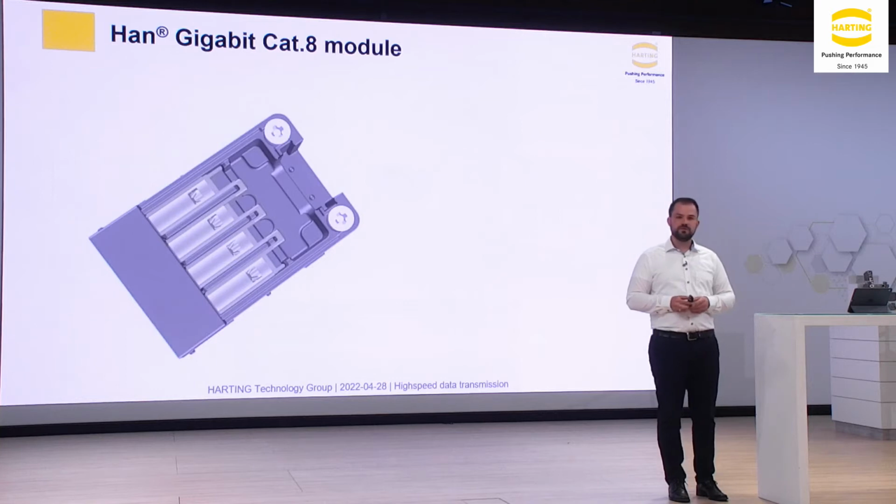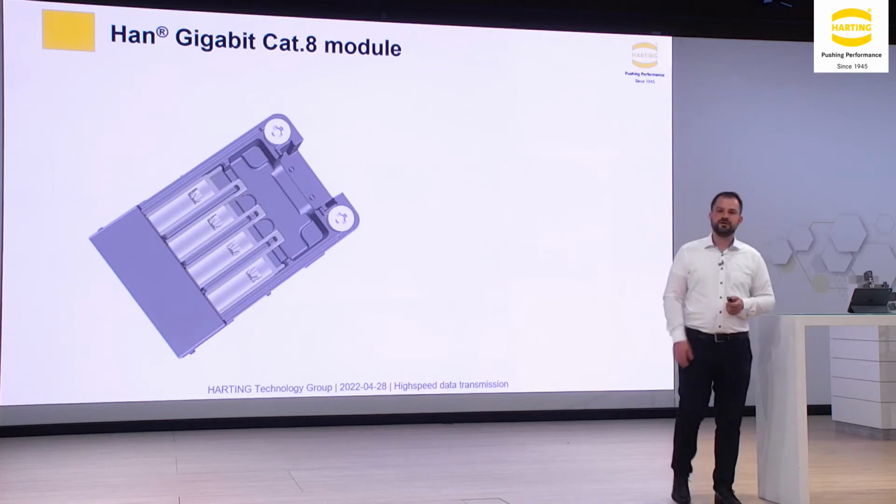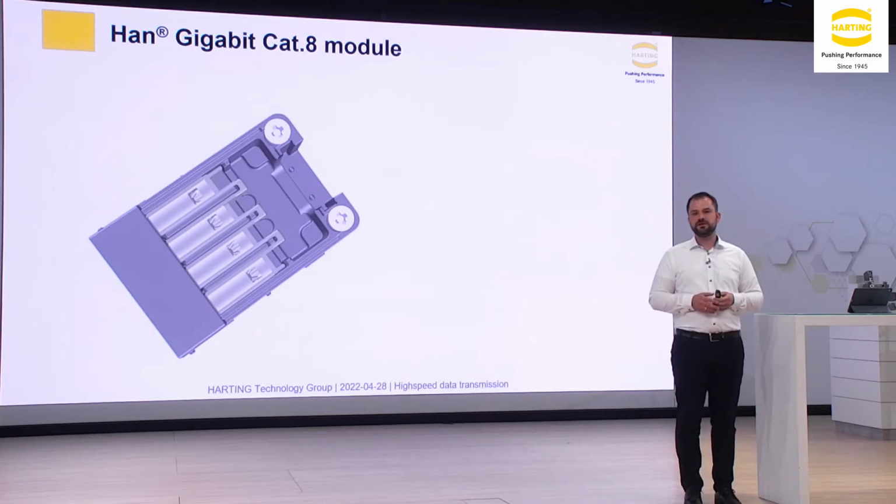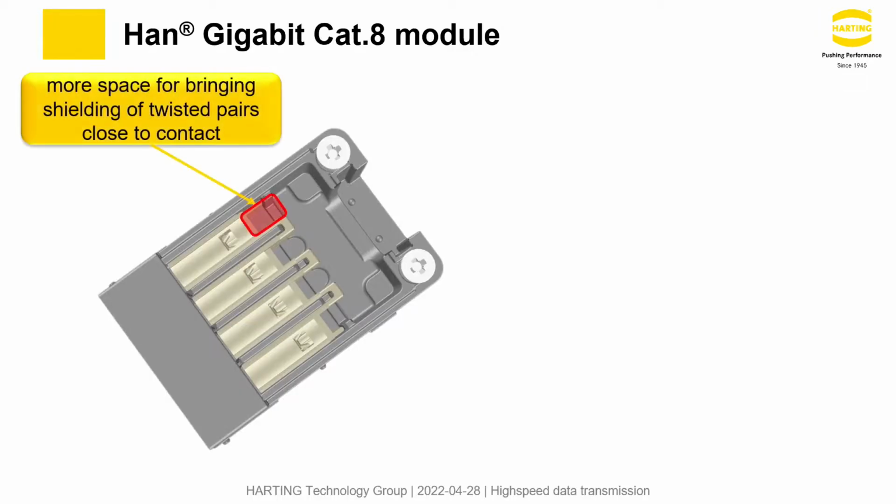So now I want to take the chance and take a little bit of a more detailed look into the inside of the module. Here on this slide, you see the Han gigabit module, and the lighter part on the inside is the isolation body. We have created more space to bring the shielding of the twisted pairs directly to the rear of the contacts.